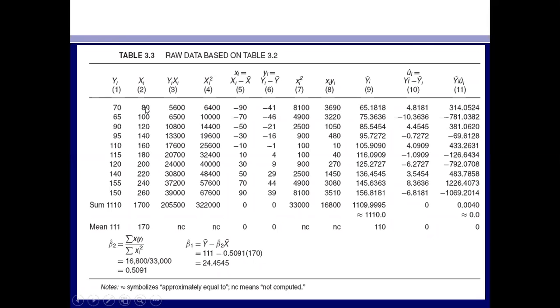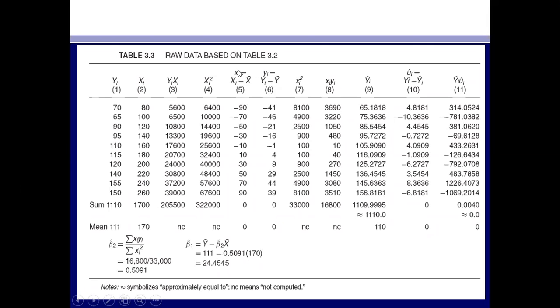So 80 minus 170, 100 minus 170, you get these numbers in column 5. Similarly, when you subtract y bar, which is 111, from each value in the y column, you get column 6, which is yi minus y bar. So column 5, xi minus x bar, is small xi, and column 6, yi minus y bar, is small yi.